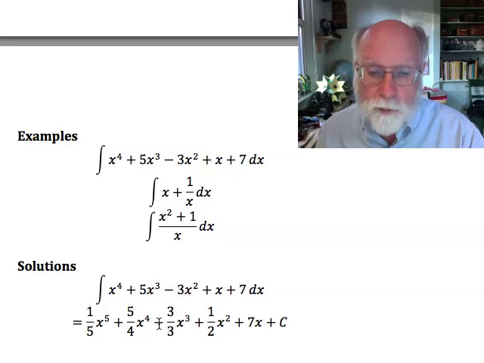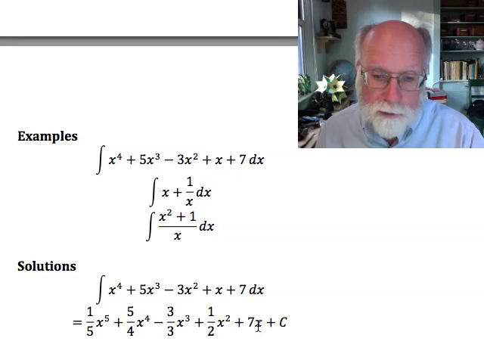There's a minus above, so we get a minus here. 3, and we divide it by 3 and have x cubed. So we add 1 to the exponent and divide by the new exponent. We have another name for 3 over 3, which is much simpler. And x has its antiderivative 1/2 x squared, and the antiderivative of 7 is 7x.